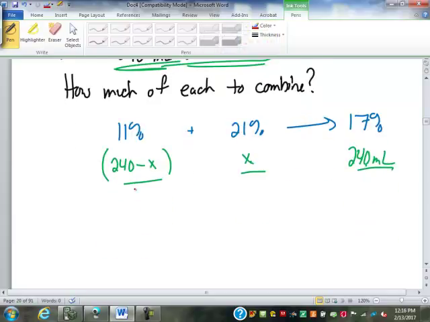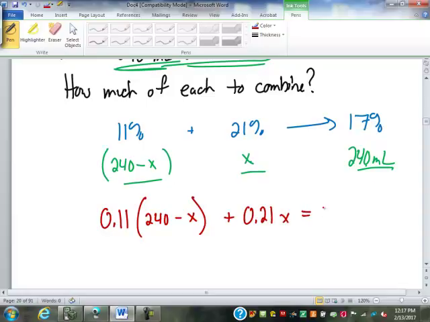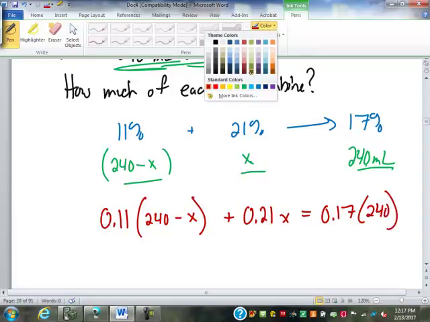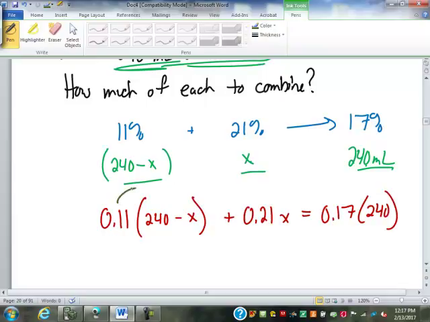So now our equation becomes 0.11 times 240 minus x plus 0.21x equals 0.17 times 240. So now we have 0.11 times 240 is 26.4. 0.11 times negative x is a negative 0.11x. 0.21x is just going to be 0.21x for now.